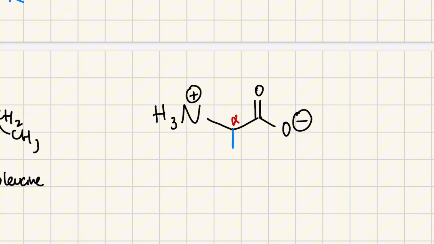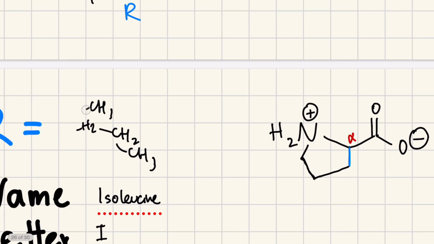You guys know what a pentagon looks like, right? A 5-membered ring in organic chemistry. This is the same thing, a 5-membered ring, which just happens to include the nitrogen of the amine group. And so obviously an H has to get pulled off here. This is proline. As for the R group, there isn't really an R group, so I'm not going to draw one here.